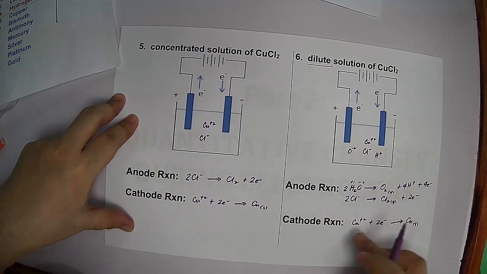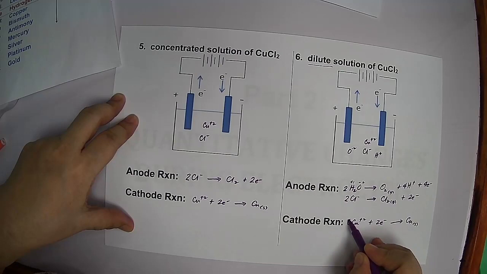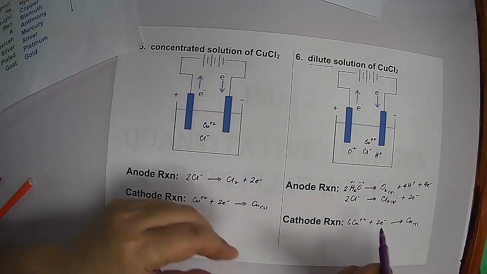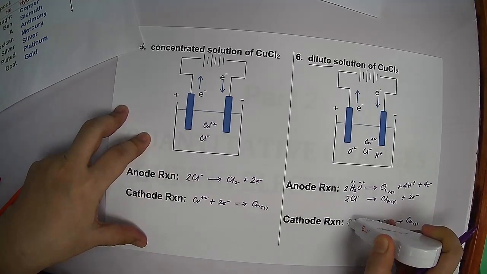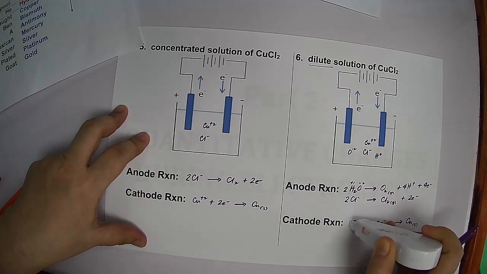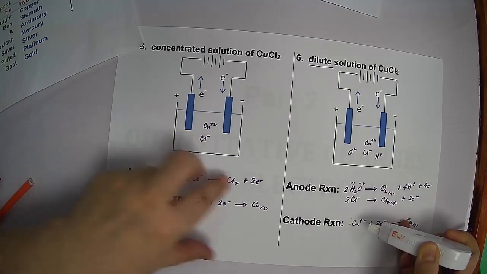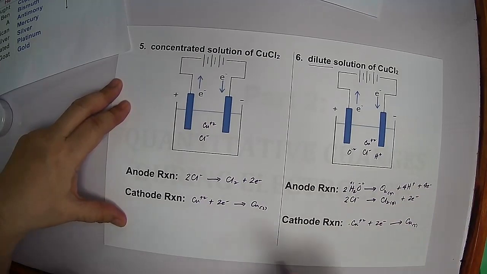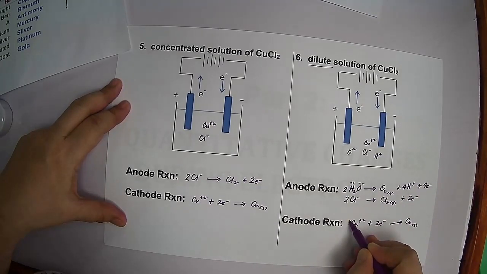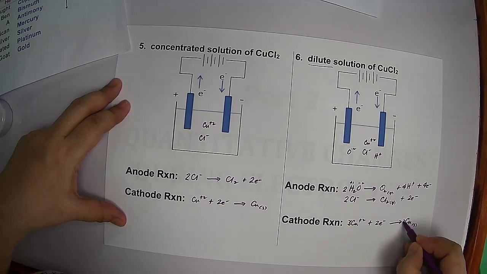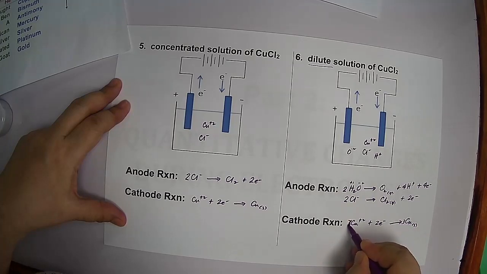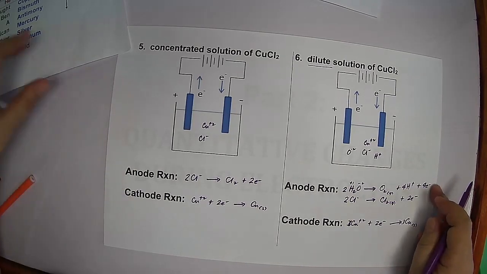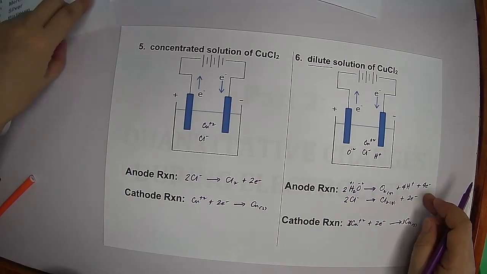And there are 6 electrons, so we have 3 here, 2 each. So we have 3 and 3 there. That would satisfy the 6 electrons given during the oxidation of water.